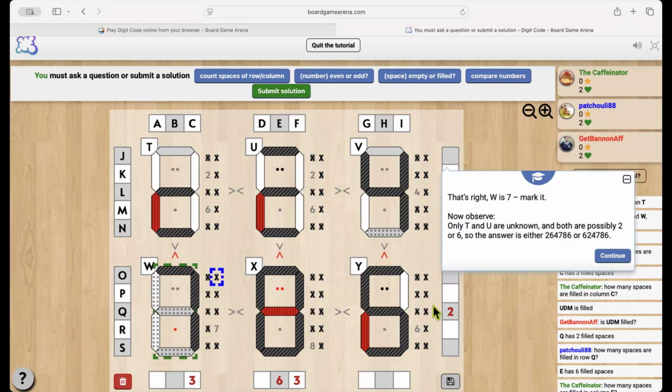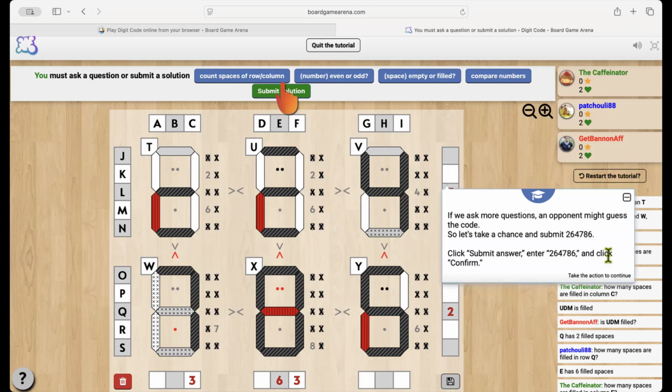Yep, it's a 7. Now observe, only T and U are unknown. These are known. Both are possibly 2 or 6. So the answer is either 2, 6, 4, 7, 8, 6, or 6, 2, 4, 7, 8, 6.